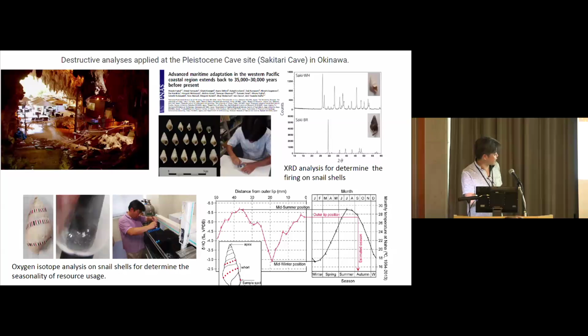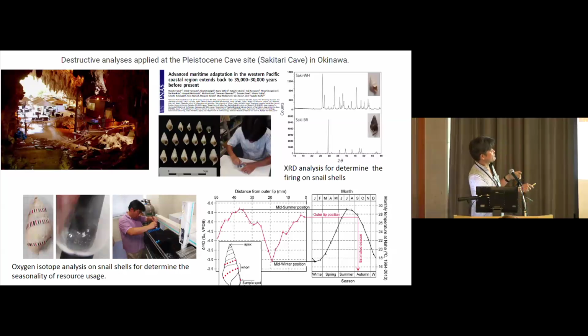And oxygen isotope analysis was conducted along the growth line of the snail shells. The oxygen isotope ratio varies in relation to the water temperature. So we can get the water temperature data that this specimen experienced. And finally, we can determine the season of death of this specimen, which means the season of human hunting of this specimen.